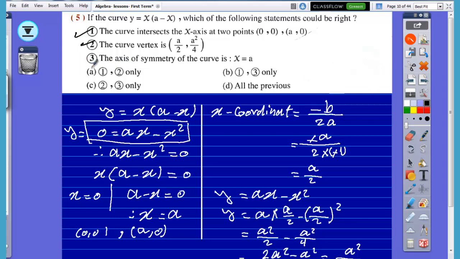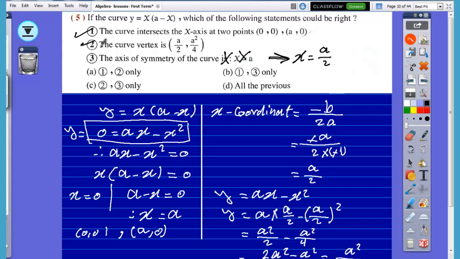Number 3, the axis of symmetry of the curve is x equals a. It's wrong. Why? Because the axis of symmetry of the curve is the x coordinate of the vertex, and its equation is x equals a over 2, not a.